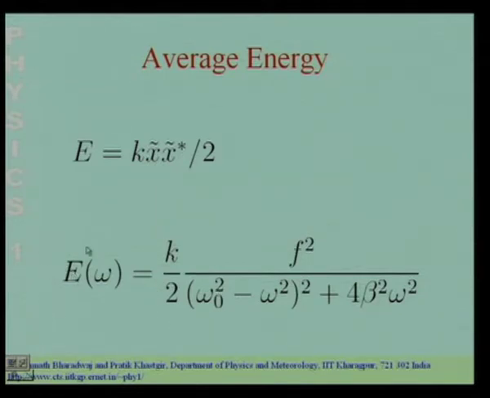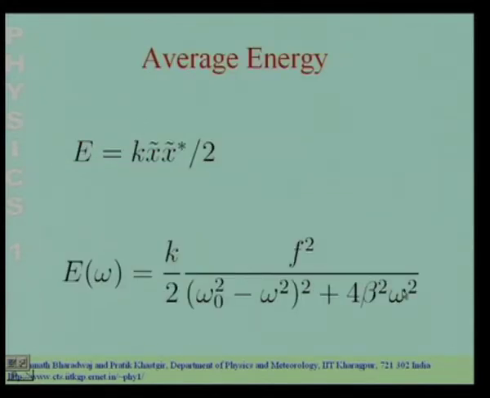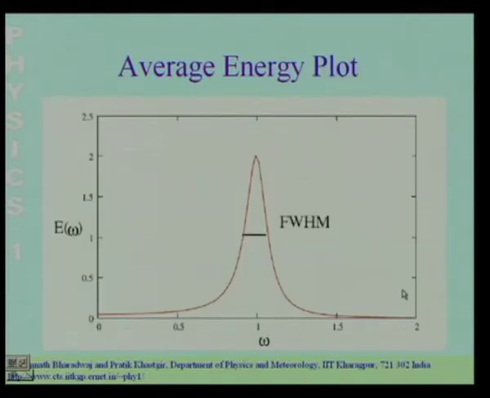The maximum energy is stored at exactly the same frequency where you have the maximum displacement. So, the maximum energy is also stored at this value of the angular frequency, and let me show you a plot of the average energy. This shows you a plot of the average energy stored in the oscillator.